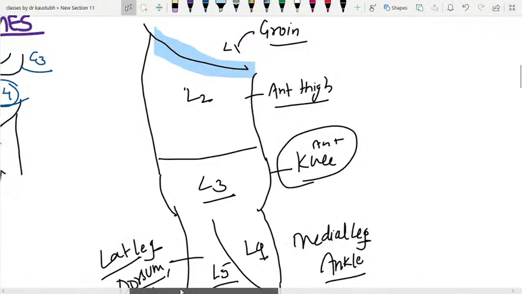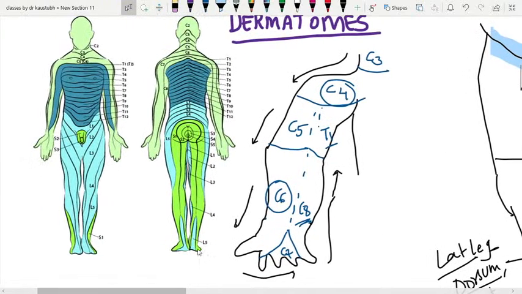Now what is the clinical application of this? Suppose you are having an injury involving the spinal segment C5 C6. We'll come to motor and reflex later; let's talk about dermatomal supply.